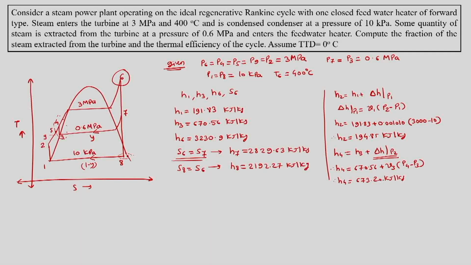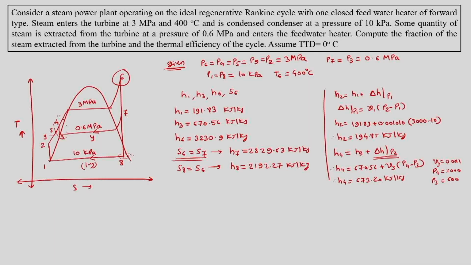Since here we would have nu 3, where nu 3 is equal to 0.0011, P4 is equal to 3000 kPa, and P3 is equal to 600 kPa. So, knowing all this, we would find out H4.